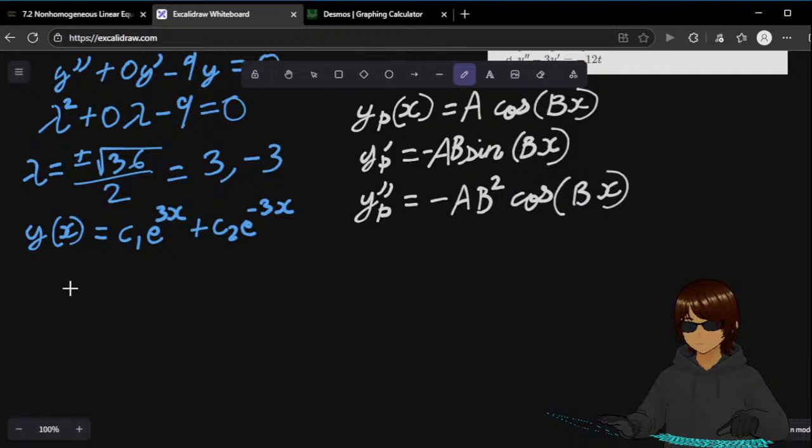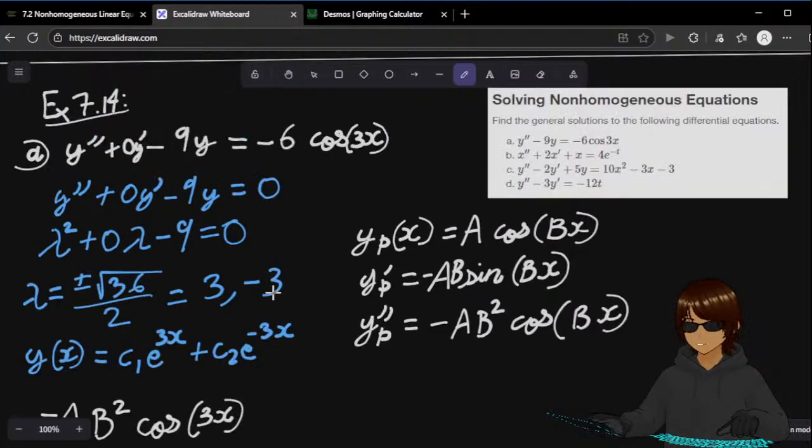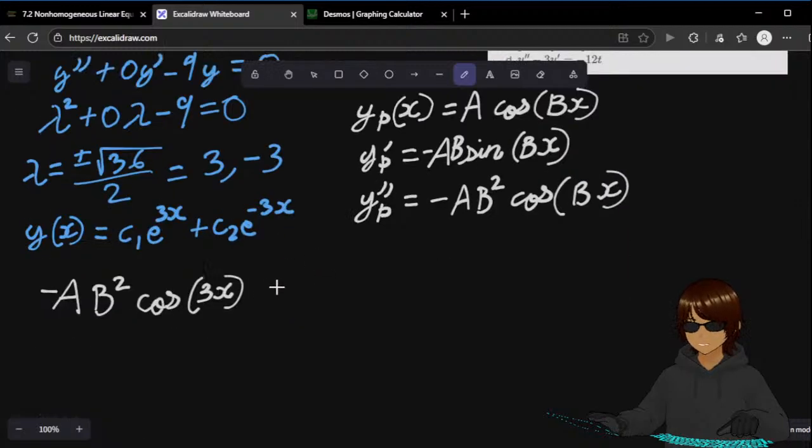So we have minus, and then we have 0, and then we have minus 9a cos bx.